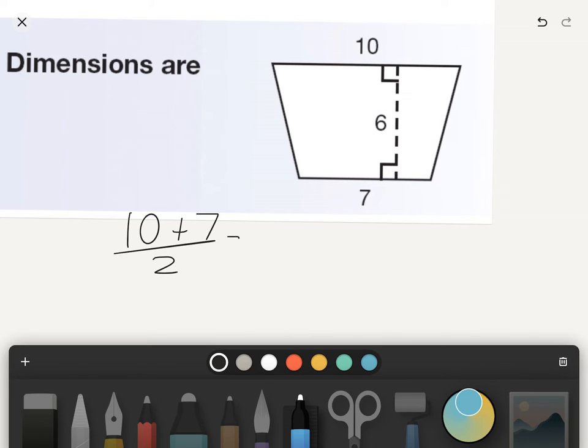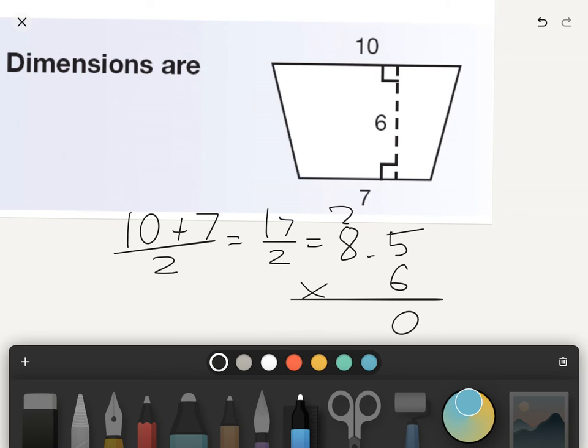Okay, so you get 17 divided by 2, which will get you to 8 and 5/10, and then you multiply that times the height. So that times 6. Why 6? Because 6 is the height.